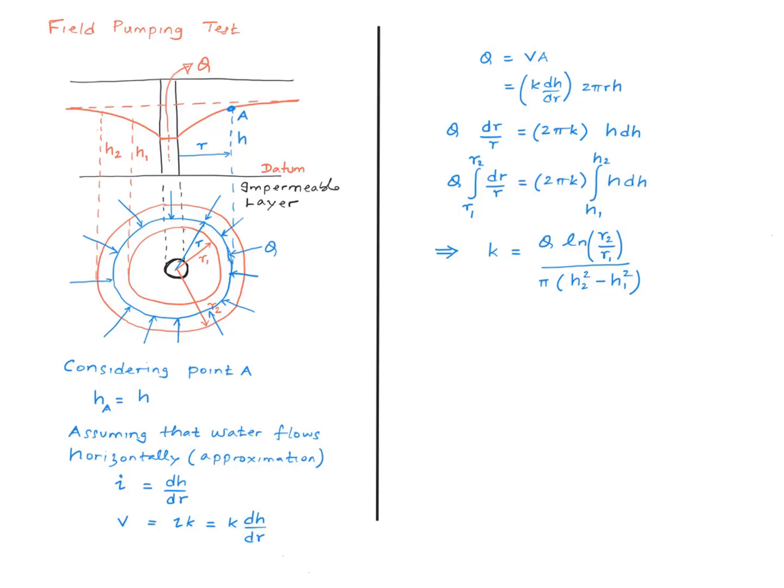Now, if I take a cylindrical region at a radius r, which is shown by this blue line over here, the water is flowing into the cylindrical region, actually at different angles. But we are going to assume that the angle can be neglected and the flow is basically horizontal into this cylindrical region.